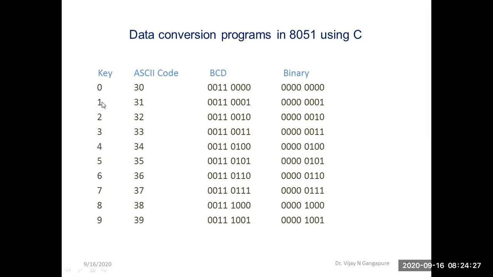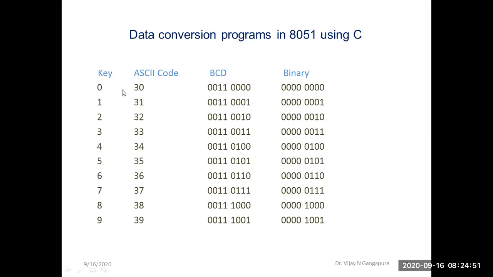In this way, when a particular key gets pressed, its ASCII code is sent to the application. So this is one application, converting the key to ASCII code. Here these are the keys 0 to 9. We are concerned with only BCD numbers, so we have taken the number keys 0 to 9.